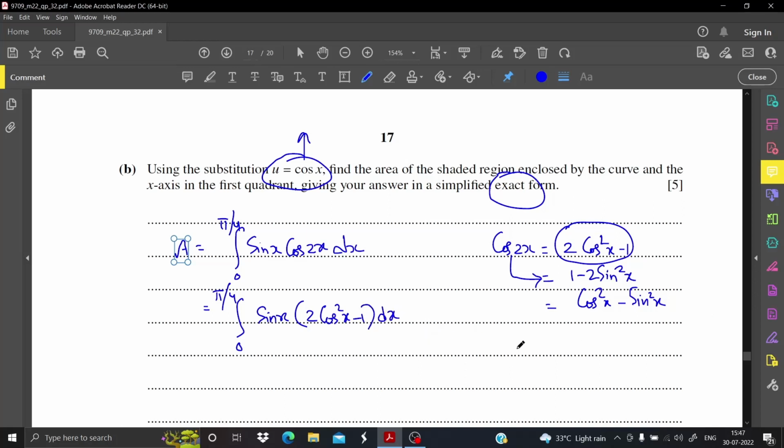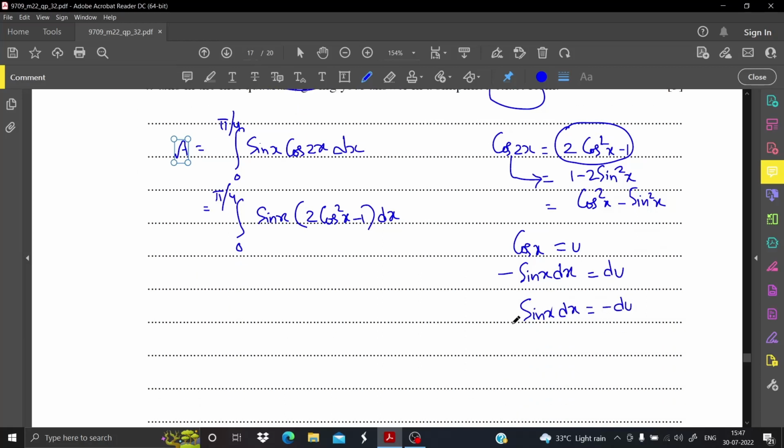Now go for the substitution. So cos x equal to u. Differentiating on both sides, you have minus sin x dx equal to du. Therefore, sin x dx will be negative du. Also make a change of the limits. When x is 0, u is cos 0, and cos 0 is 1.